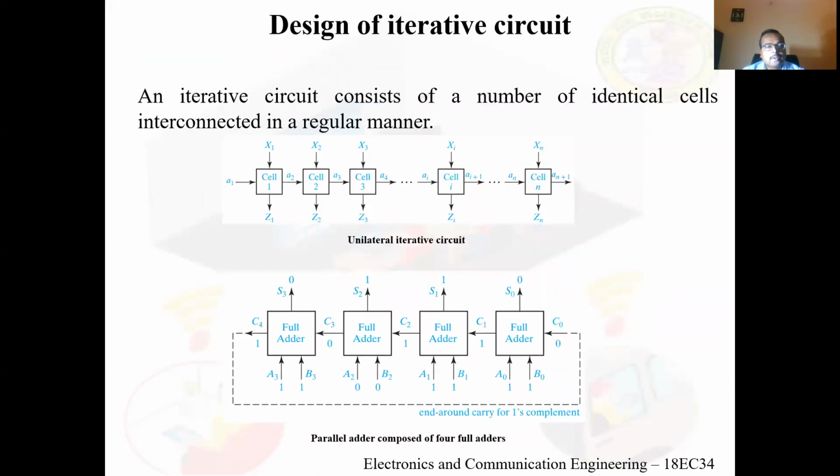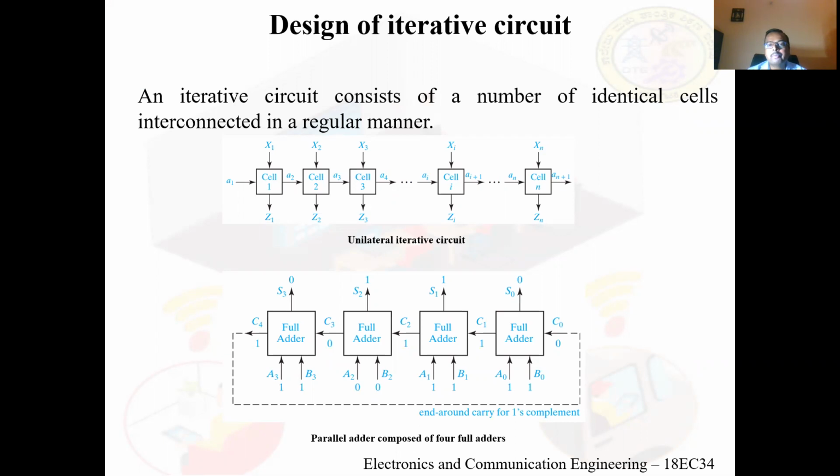First, we'll see the meaning of iterative circuit. An iterative circuit consists of a number of identical cells interconnected in a regular manner. As it says here, number of identical cells. Now consider the example of binary addition.